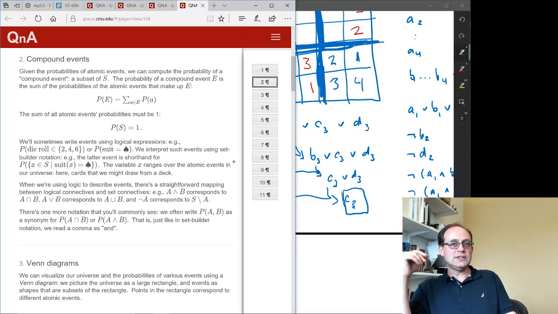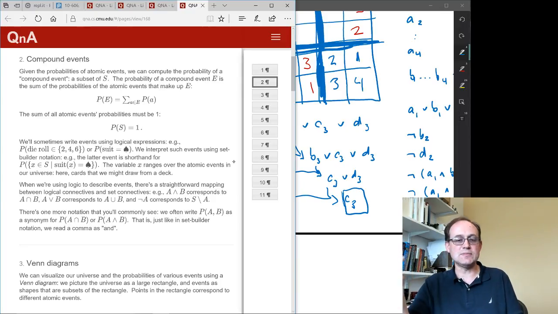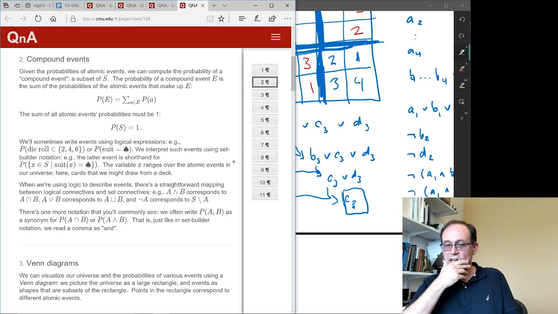From the probabilities of the atomic events, we can reason about compound events. So a compound event is a subset of the sample space. So we'll write E for a compound event, and E is a subset of S. And the probability of an event E is just the sum over all atomic events that make it up of the probability of that atomic event.